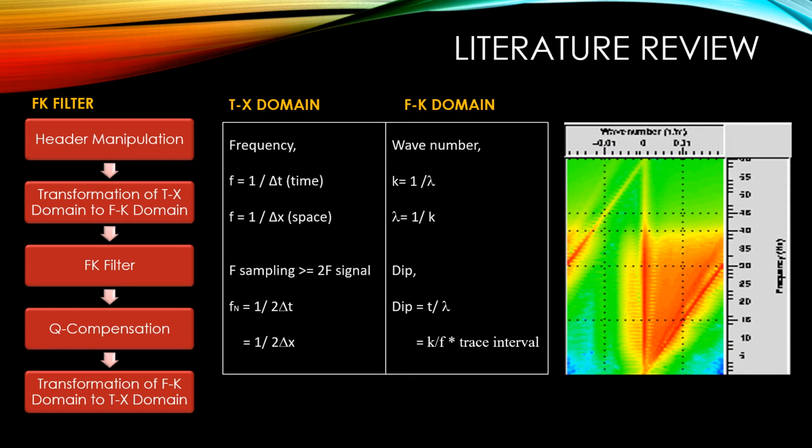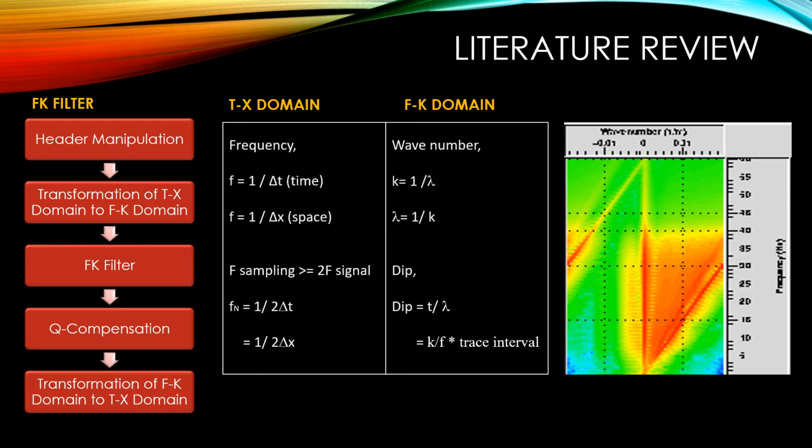So, what is FK filter and how does it work? Let's go through the process first. In the beginning, we have the original seismic data in the time-space domain. First of all, we use the information stored in the header and its structure to obtain and manipulate any information. Second, we transform the time-space data into the frequency wave number domain to separate the two components of the signal that were captured in our seismic.